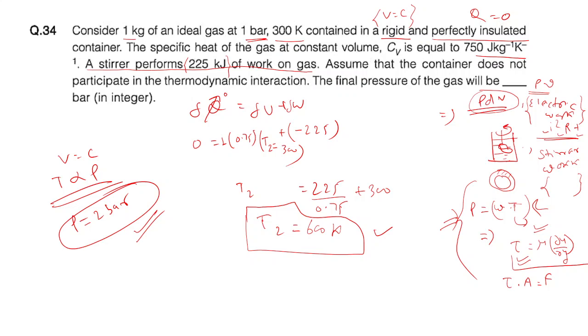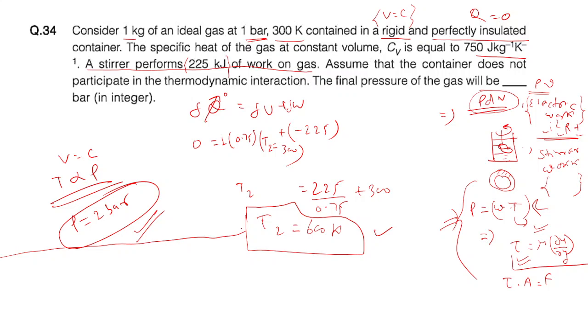Yes. Sir, I have one doubt. The vessel is insulated, so why can't we use the adiabatic equation, PV to the power gamma equal to constant? From there we can use P and T terms in the form of gamma equal to constant. One minute, you tell me from the start what you are saying.